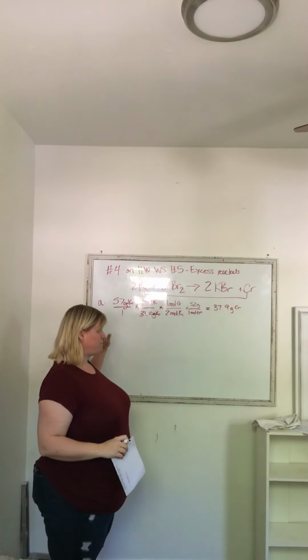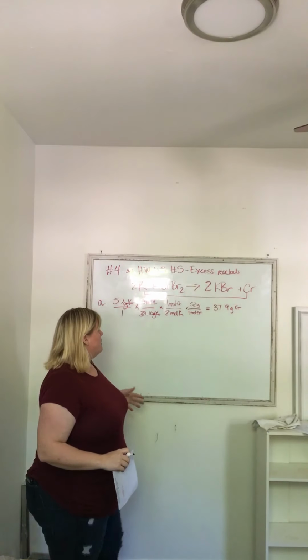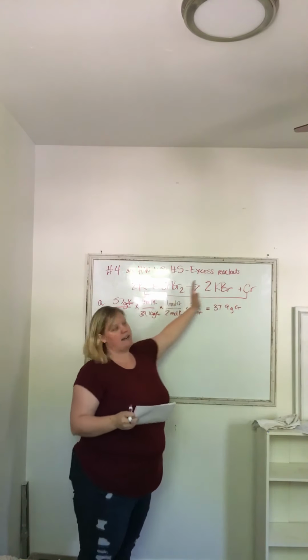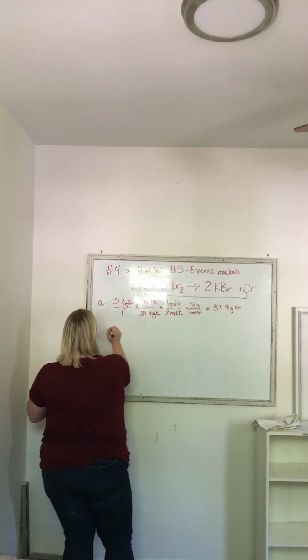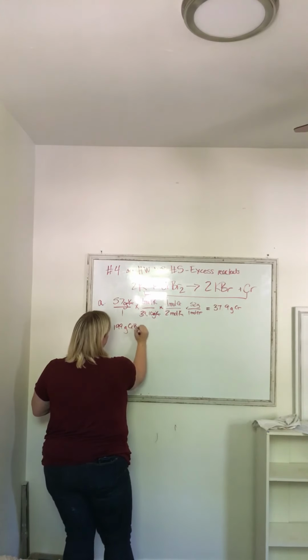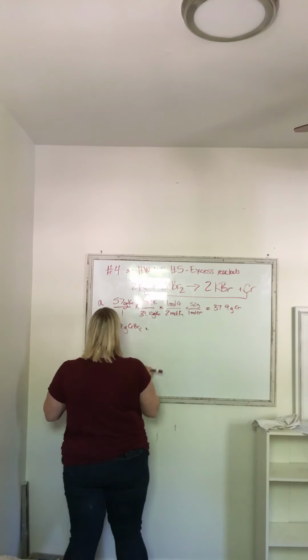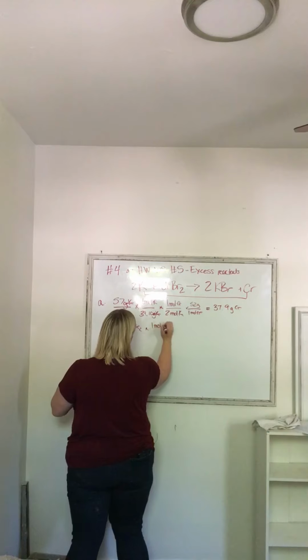Okay, that's fantastic. But now we need to figure out, when we start with 199 grams of the chromium 2 bromide, how much chromium do we produce? So we start with our 199 grams chromium bromide, and we are going to turn that into moles.